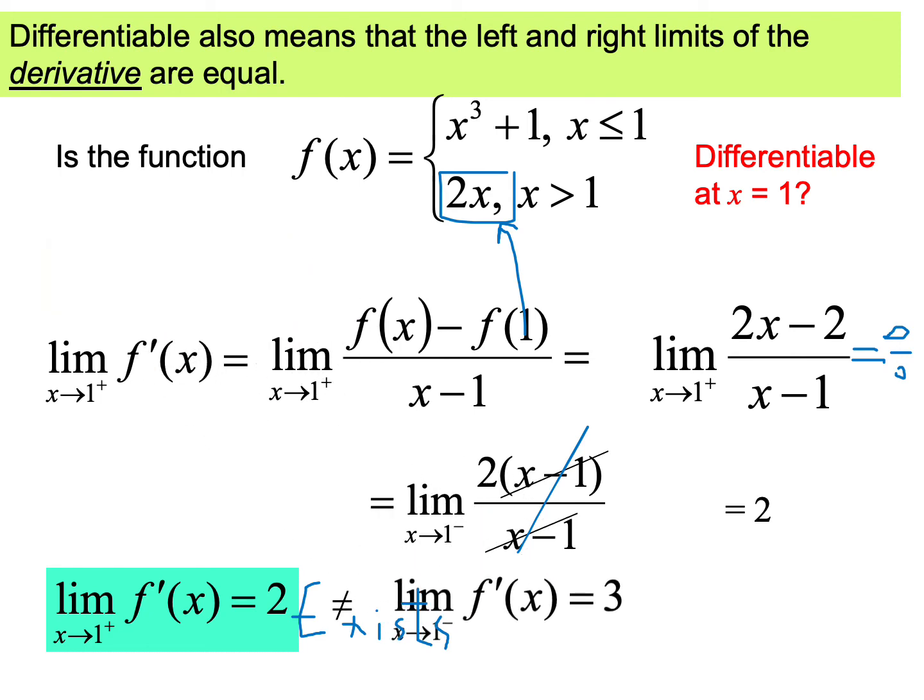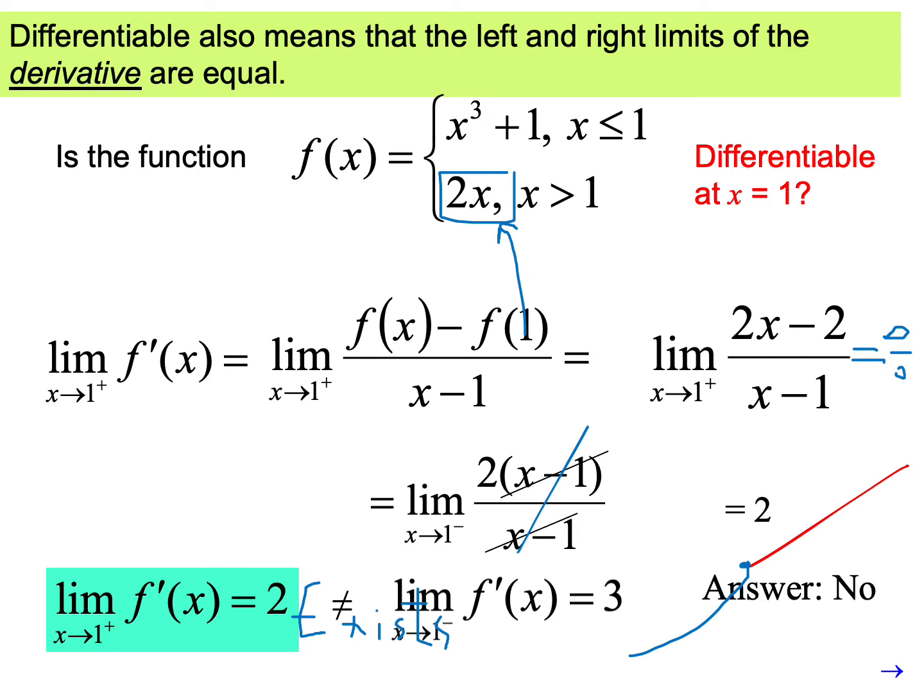Both have derivatives. We have a derivative here up to this point, then we have another derivative here with a different line, which means we have two different slopes, two different derivatives. So we say that this graph is not smooth, although it is continuous.